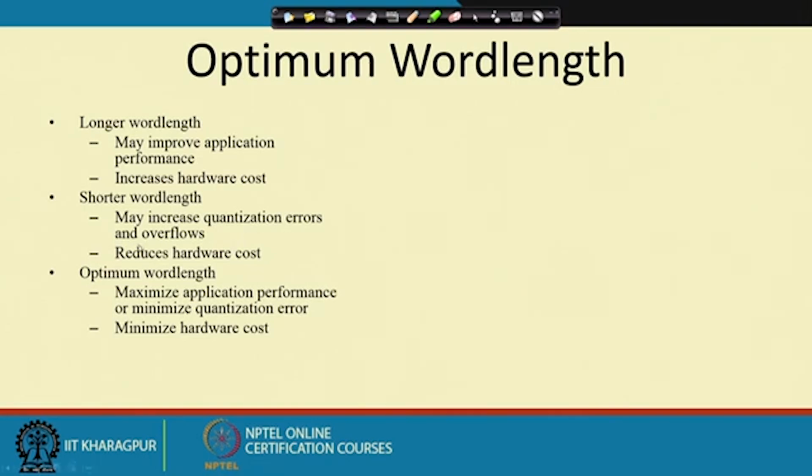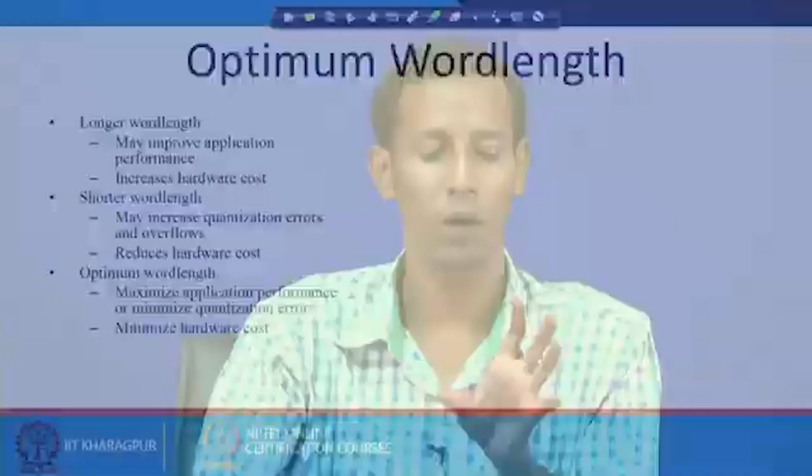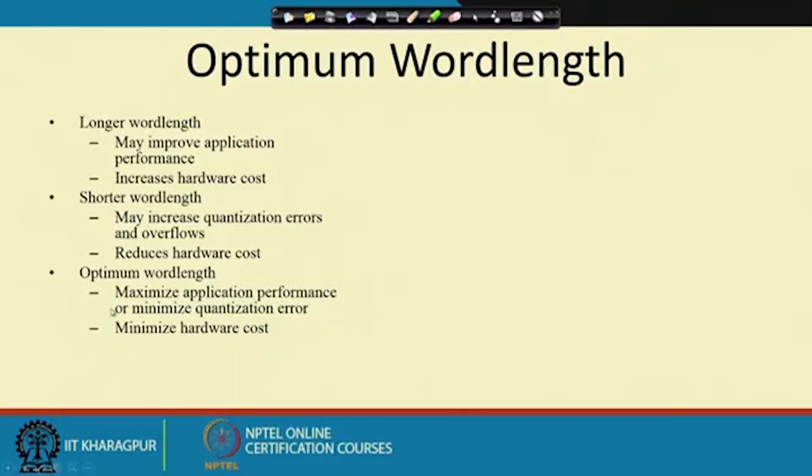So for a shorter word length you will accumulate more quantization error and overflow will also occur. That is why I need one optimum choice for the word length, by which I can minimize the hardware cost as well as maximize the application performance or minimize the quantization error. To get all the benefits, I have to find the optimum word length.